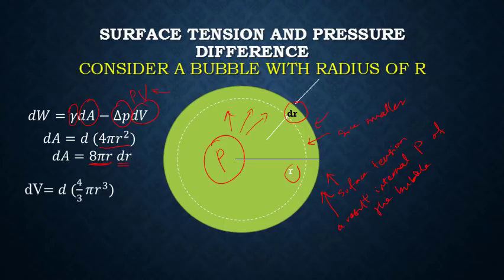The volume of the bubble is similar to the volume of a sphere, which is 4 over 3 pi r cubed. Again, perform calculus and you get 4 pi r squared dr.